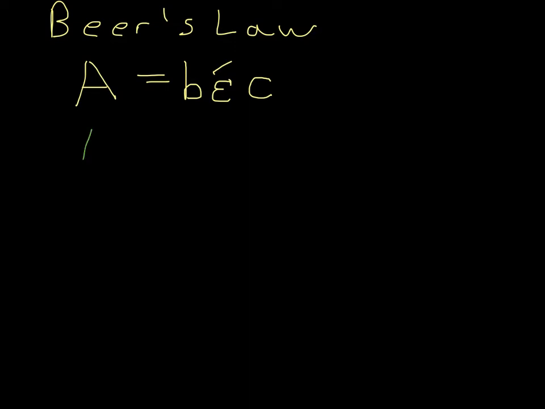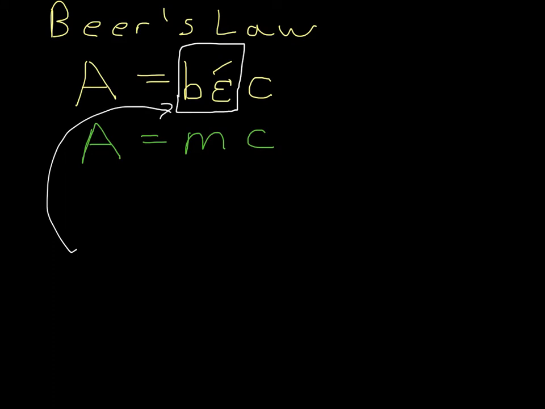Graphically, we would view Beer's law as absorbance equals the slope times concentration. If we were to examine our two new friends here that we've not met before, path length and absorptivity, let's take them one at a time. First, let's take path length.